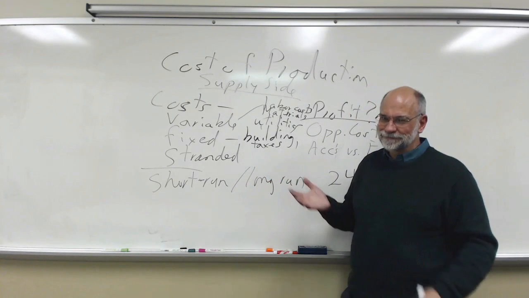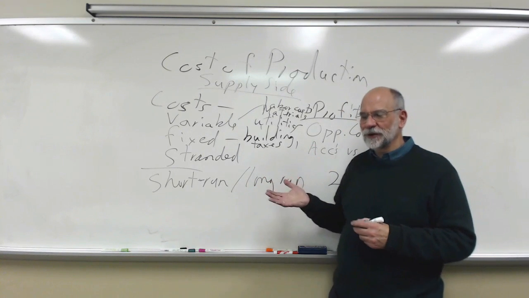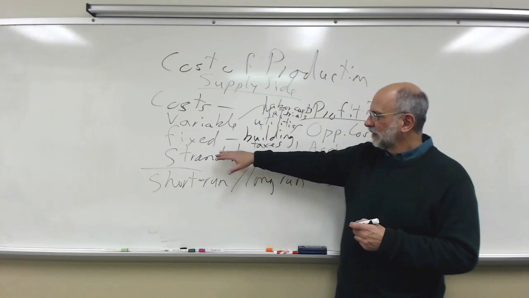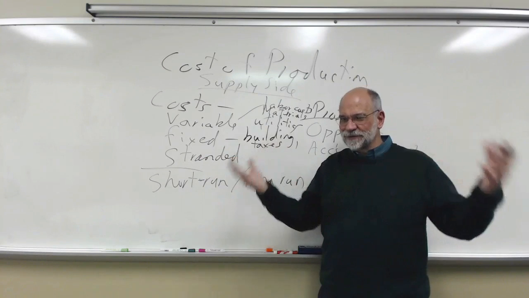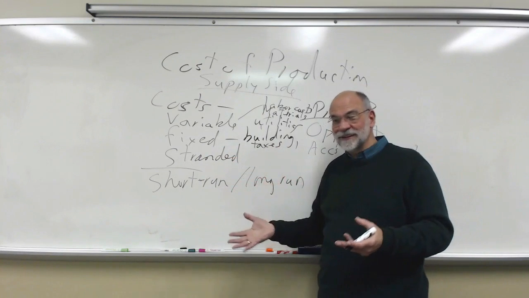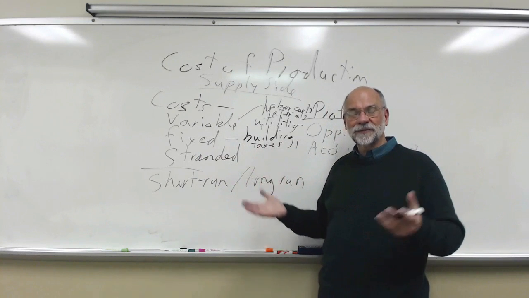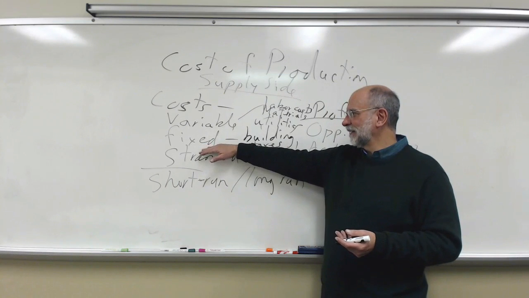Well, what happens when I'm doing that as a side business? What are my costs? Do I have any fixed costs? Do I have an office? Do I have to have lots of equipment? Do I have to have assistants? Do I have to have all the stuff that goes with being an organization? The answer is probably not. I don't need any of that stuff.